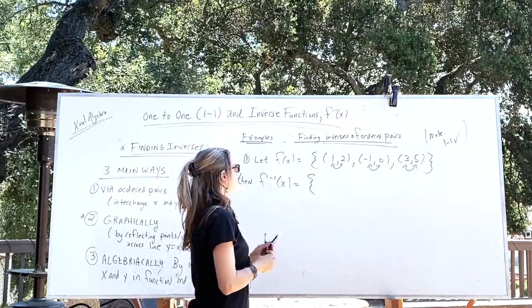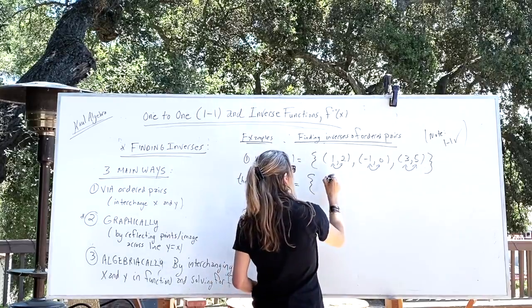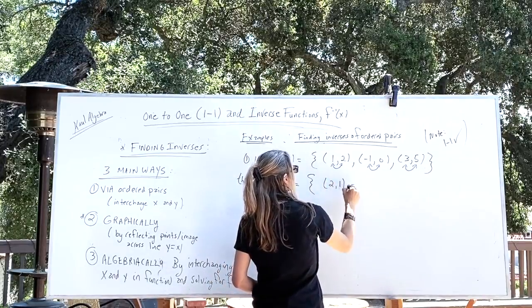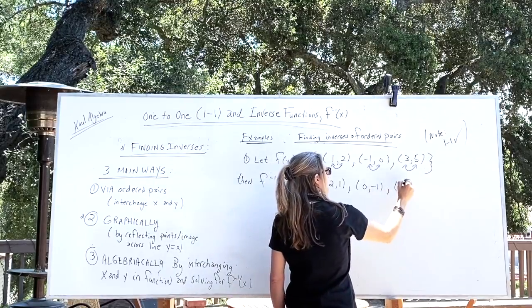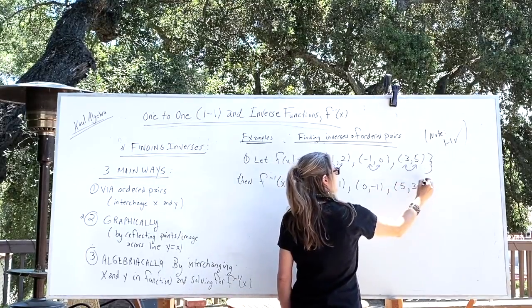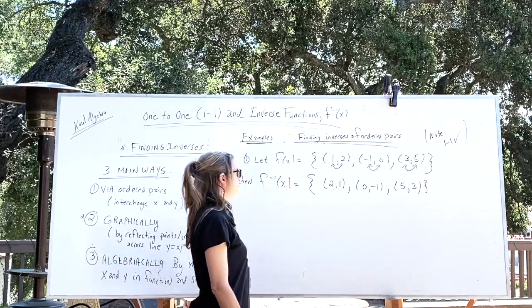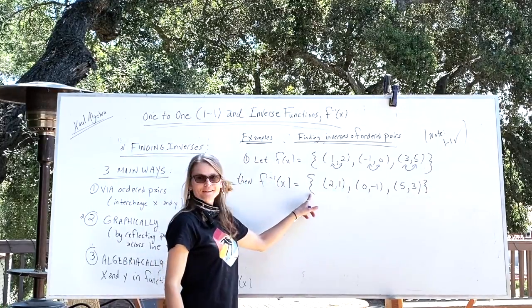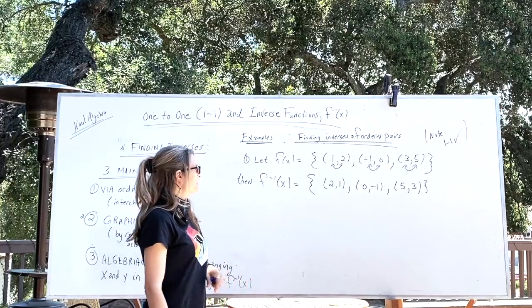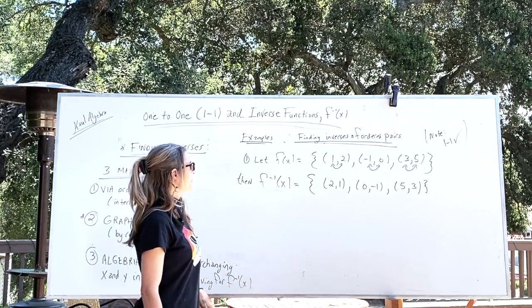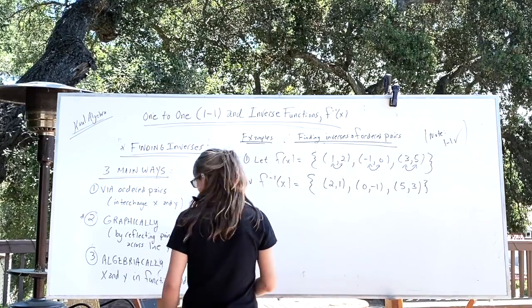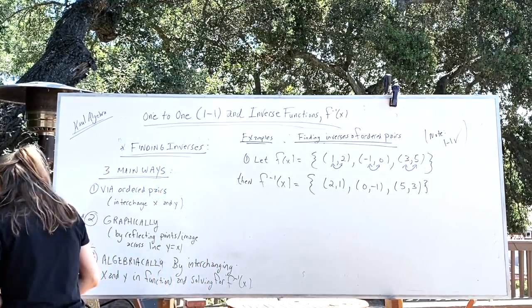So we end up with (2, 1), (0, -1), (5, 3), and we have our inverse function. Sorry about my little lazy French braces there. They get a little squiggly as the day rolls on. That's my inverse function. And you could repeat with so many other different examples.